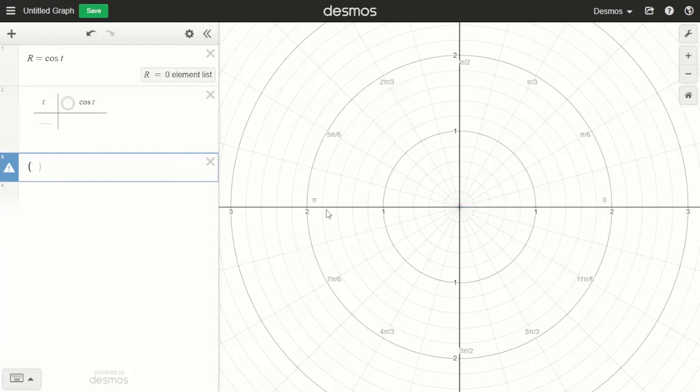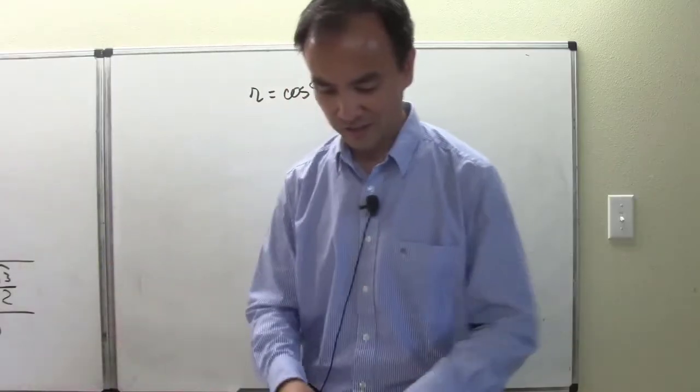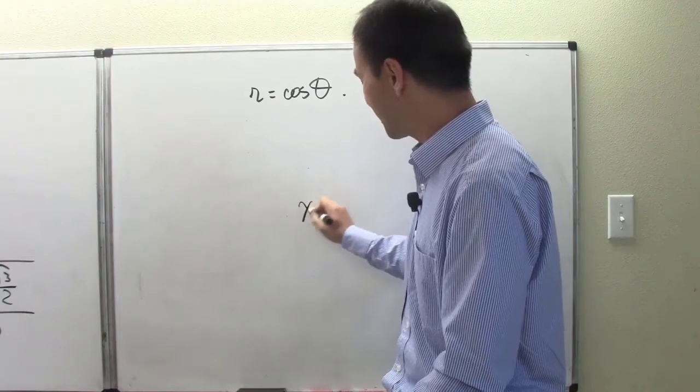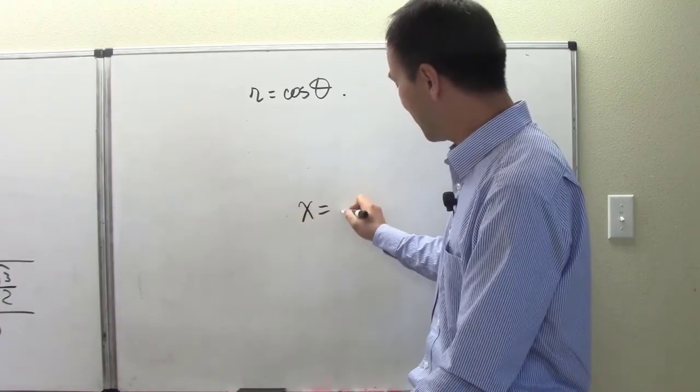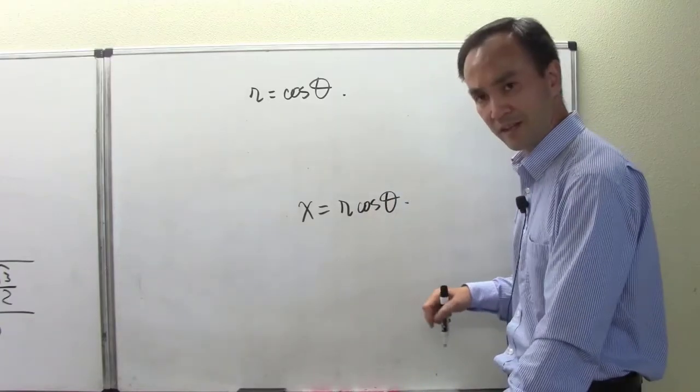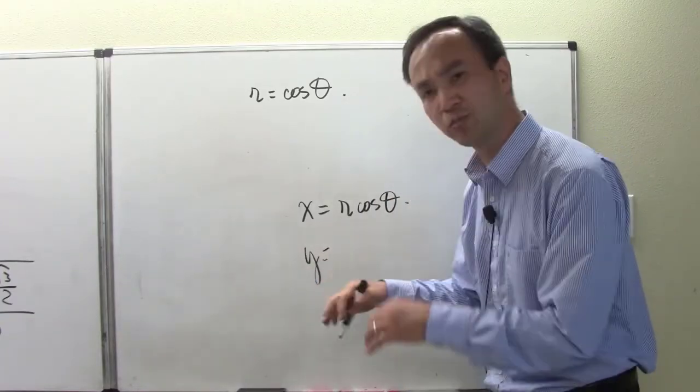We learned previously that the x coordinate can always be radius times cosine theta, and then the y coordinate in case we need to plot any of these points.